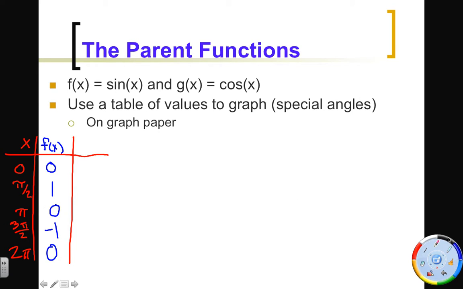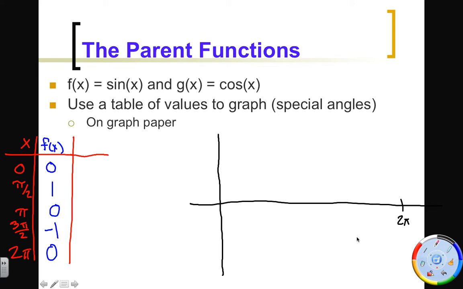So what does that mean graphically? You are going to become very, very good, I hope, at graphing trig functions. We're going from x equals 0 all the way out to x equals 2 pi.